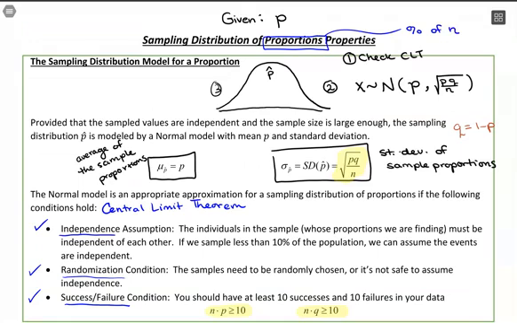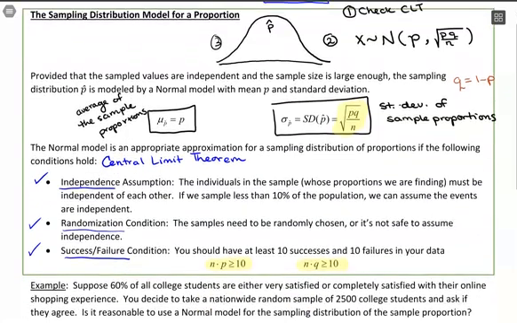I'll emphasize this when we get to wording our answers, because we're going to have a few different types of percentages floating around. We have probabilities coming in as a percentage, but proportions are specifically a percent of n. Like the proportion of people with blue eyes: 31% of 100 people have blue eyes, or something like that. So it would be a proportion coming from a sample of a certain size.